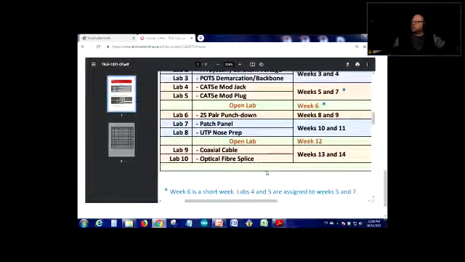We are going to perform a fusion splice, which means it's a supervised lab. What do I mean by that? Every single person that is going to perform that splice is going to be supervised directly, because there are certain safety measures that have to be taken when dealing with the optical fiber. And if you have never done any of that, it is an extremely good idea for you to be supervised, and you will know why.